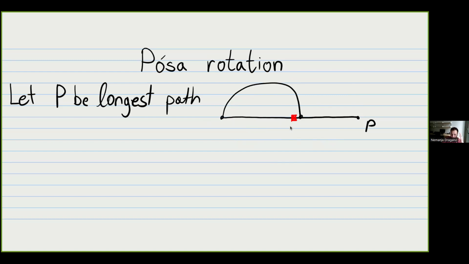Then one trivial but important thing to notice is that if you look at the neighbor to the left of this red vertex, then it's again an endpoint of a longest path. You can just remove this edge here and add this new edge, and then you get again a longest path, and this would be a new endpoint. This process we call a rotation.